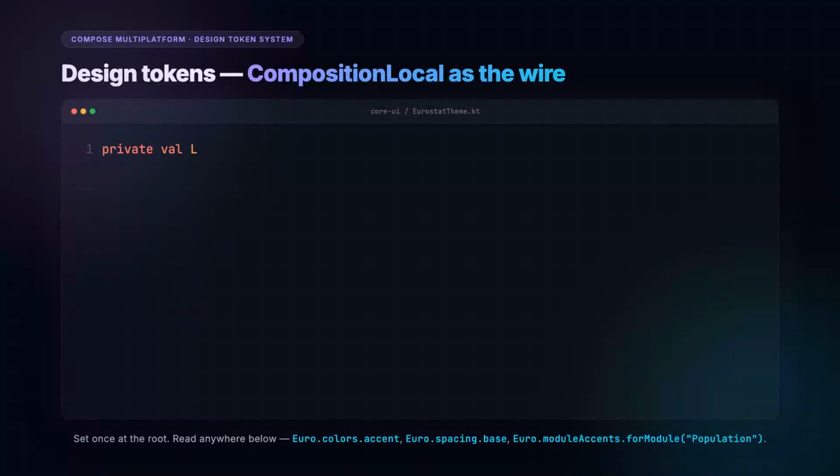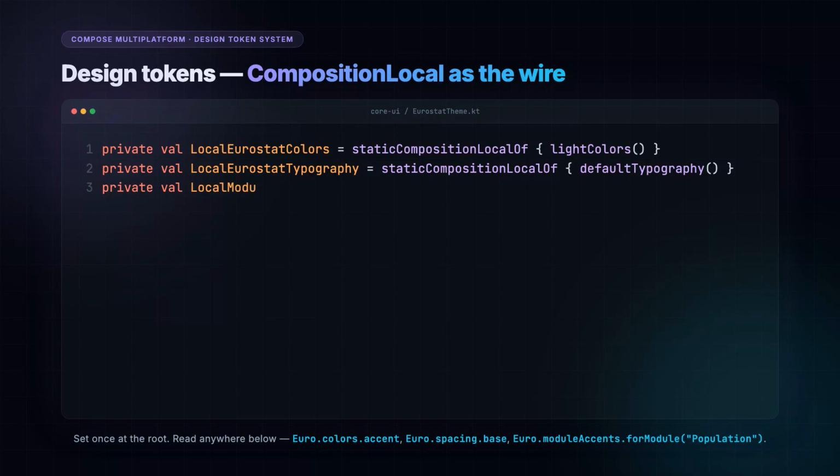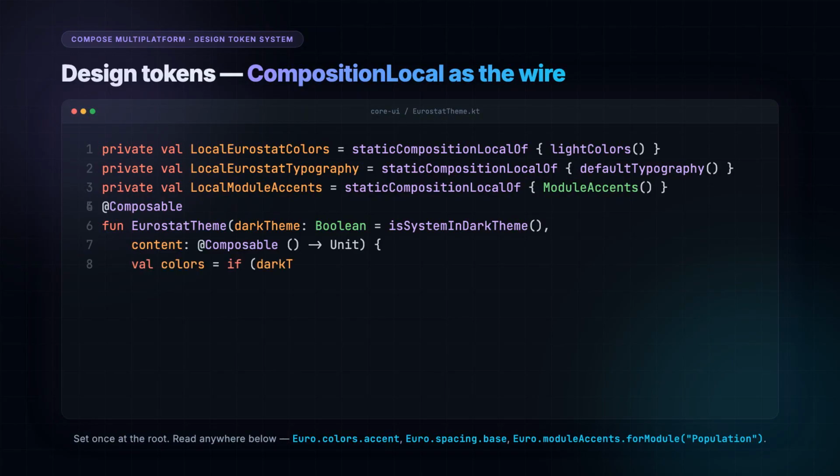The EurostatTheme composable takes a dark theme boolean defaulting to is system in dark theme, then builds the full token set, colors, typography from bundle typography, spacing, shapes, module accents. It constructs a material color scheme by mapping our semantic tokens onto material's roles.